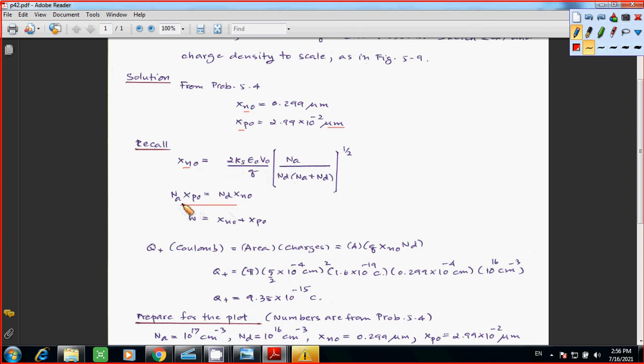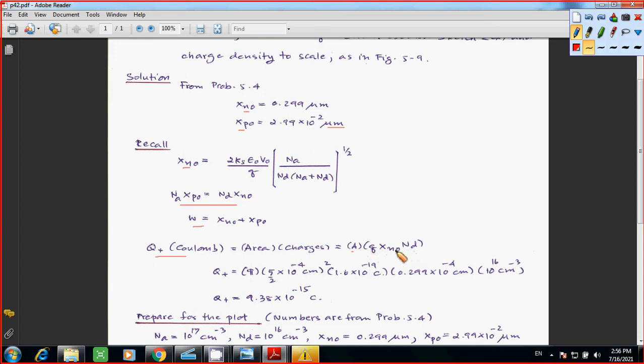And also you have the relation Na xp0 equal to Nd xn0, and your depletion width W equal to xn0 plus xp0. Now for the total charge, in units of coulombs, that's the area multiplied by the charges, and the charges equal to Q xn0 Nd, right?